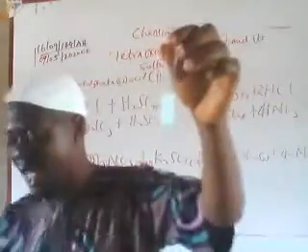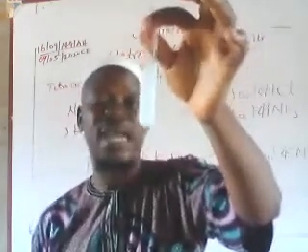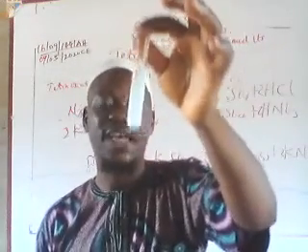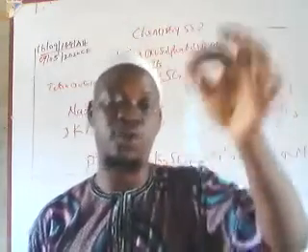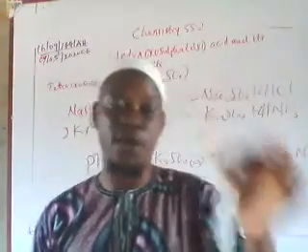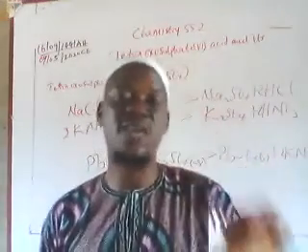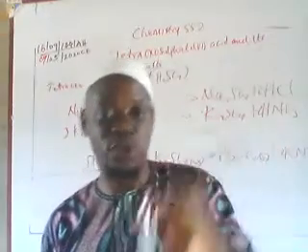So if I add excess dilute hydrochloric acid to it, the white precipitate remains undissolved. That confirms that the white precipitate is as a result of tetraoxosulfate 6 ion. If it is trioxosulfate 4 ion, the white precipitate will dissolve. If it is trioxocarbonate 4 ion, the white precipitate will also dissolve.